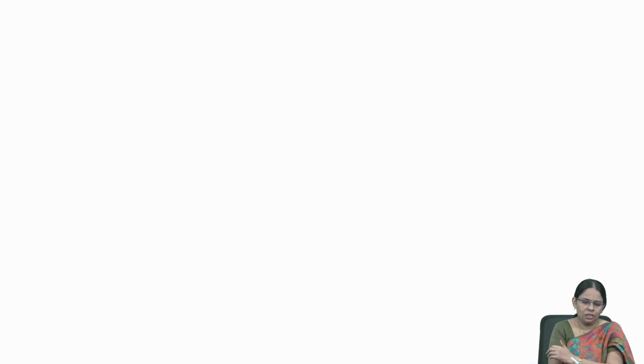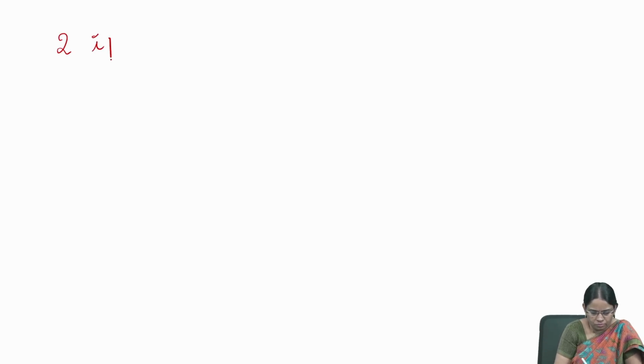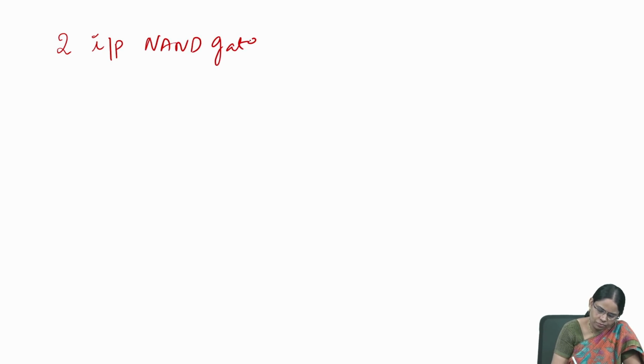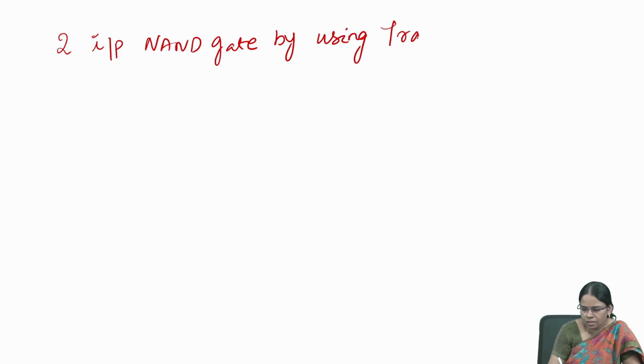So let us see one or two examples of the transmission gate. We have seen a NOR gate for the pass transistor logic. Let us see a NAND gate for the transmission gate logic. Here I am considering a two input NAND gate by using transmission gate.